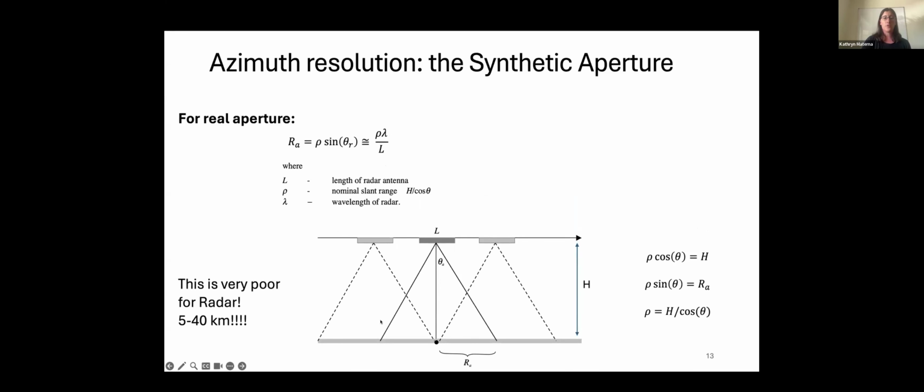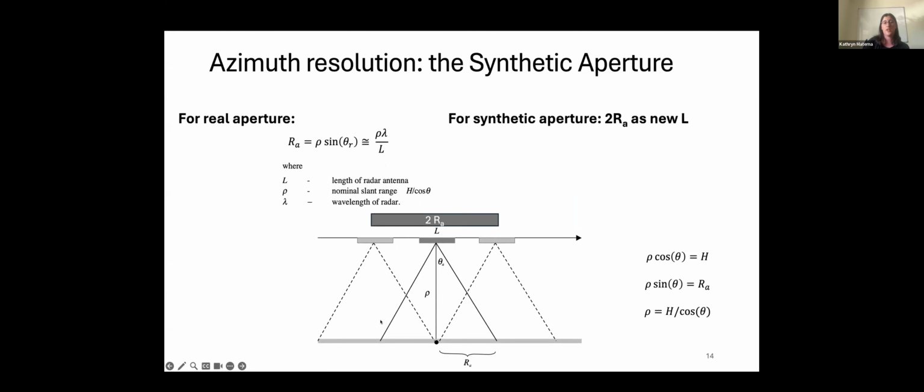But what if we could use this distance here, 2 times the real aperture, as the synthetic aperture? If we plug this into the equations, we put in 2RA, which we get from the geometry of this sort of problem, we find that the resolution on the ground, or the size of a pixel, turns out to be L over 2.